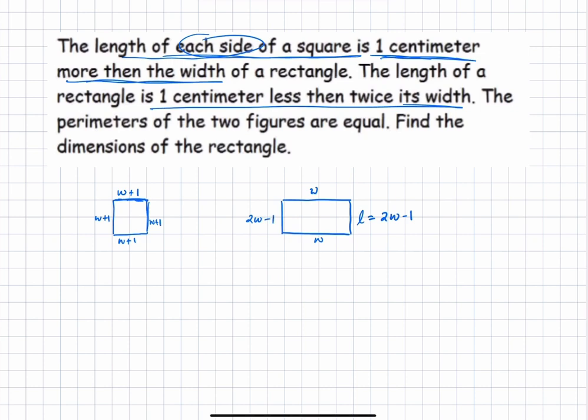So we can set the square. Since there are 4 of them, we could just say 4 times W plus 1 equals 2W, accounting for these two, plus 2 times 2W minus 1.